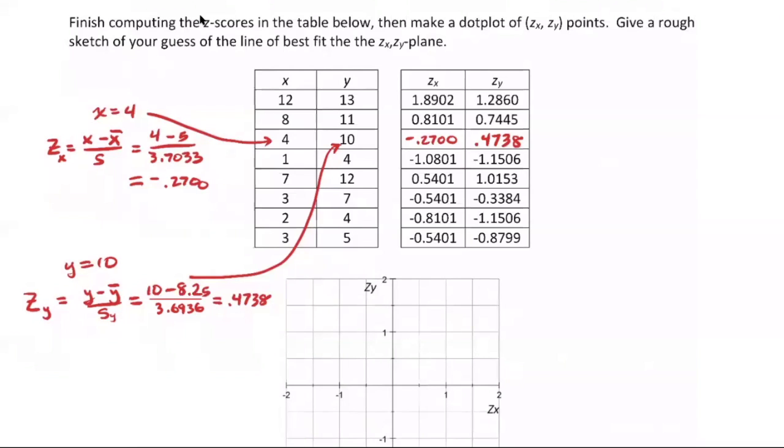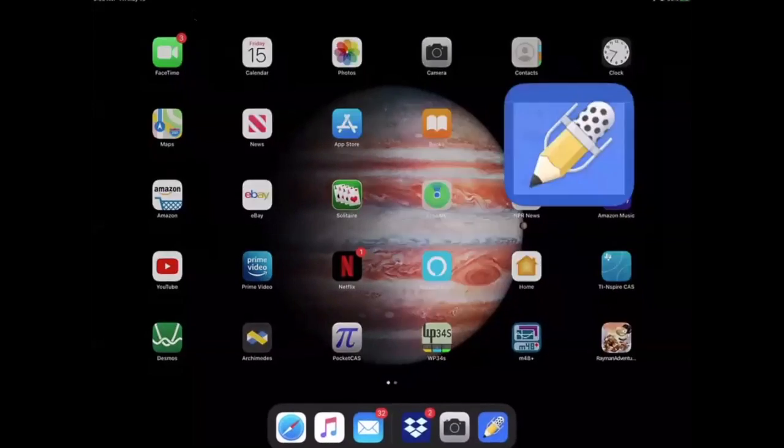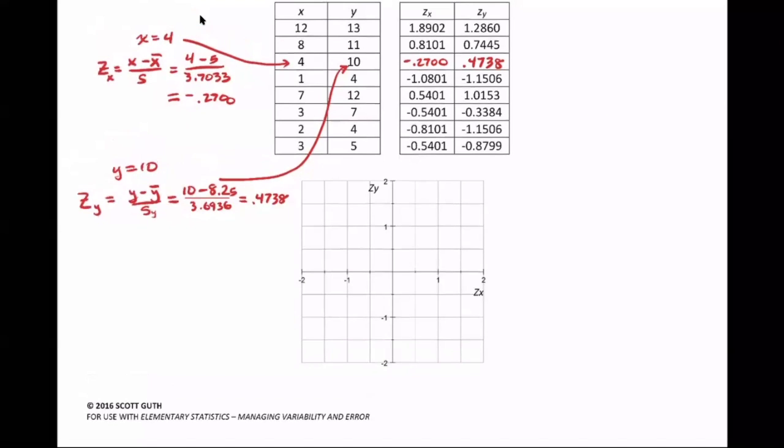Okay, so the next thing is we want to sort of replicate the scatter plot, but instead of the XY plane, I'm going to call this the ZX-ZY plane, and I routinely screw this up, so if you see me make a mistake, let me know. Okay, so anyway, the first ZX is 1.89. And the ZY is 1.28. So I'm actually going to draw some guidelines as I do this.